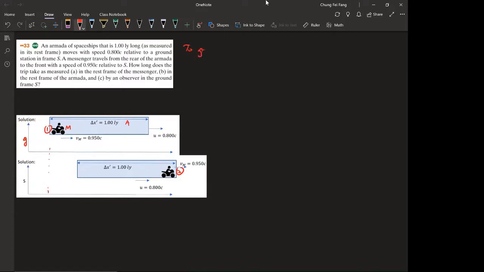Let me consider the ground station. We observe the first event occurring at T1G and at the location X1G. And the second event happened at T2G and X2G, which in the graph are these points.